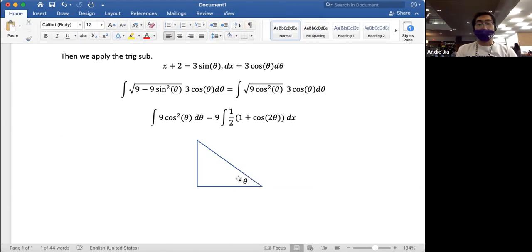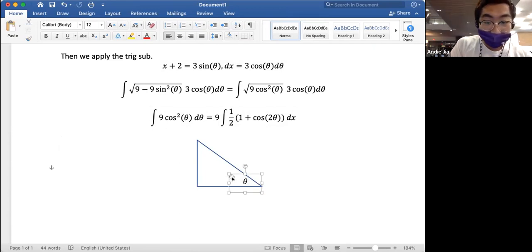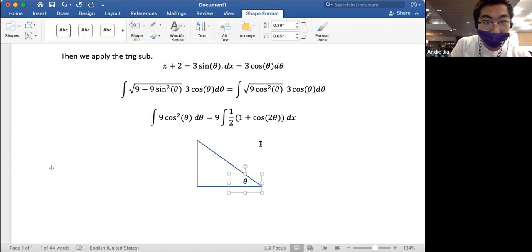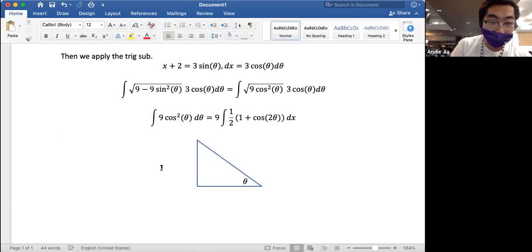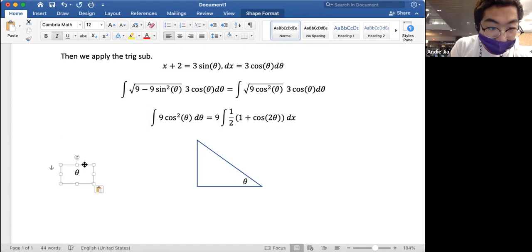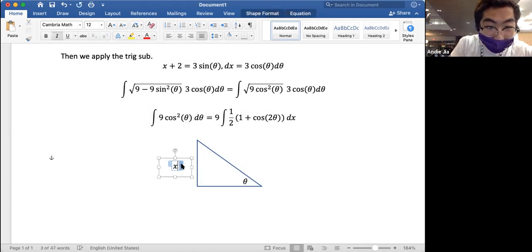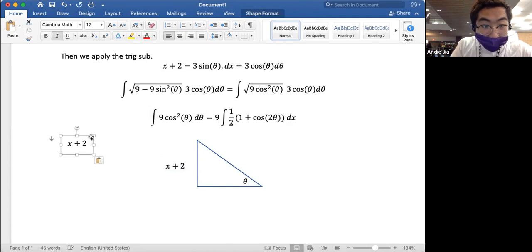I can see here's the angle, and the sine of theta is x plus 2 over 3. So this side is going to be x plus 2, and this side here is going to be 3.